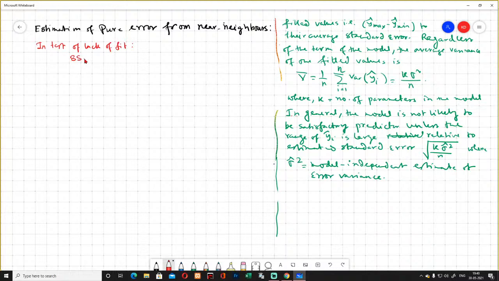The residual is due to pure error plus lack of fit, where the pure error part is computed using responses at repeated observations at some level of x.